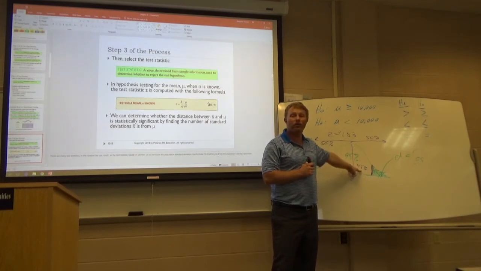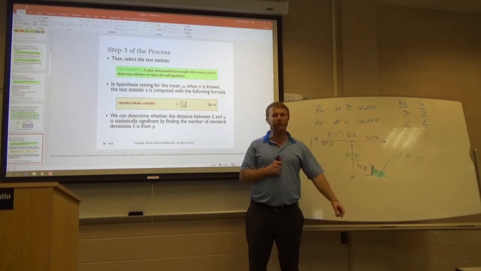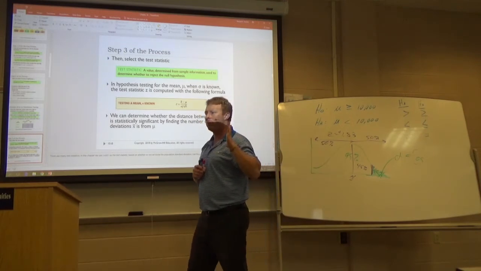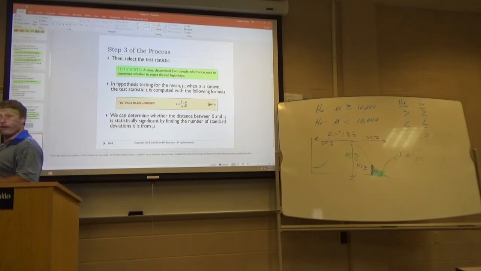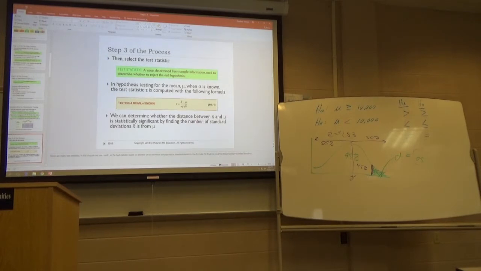What can we do to find where that line is that separates our alpha from the rest of the curve, the area under the curve? Very good. Use your z-score chart. Why do you think of that? How do we do that?